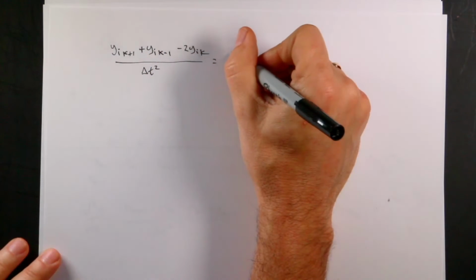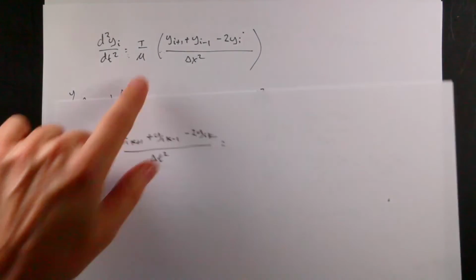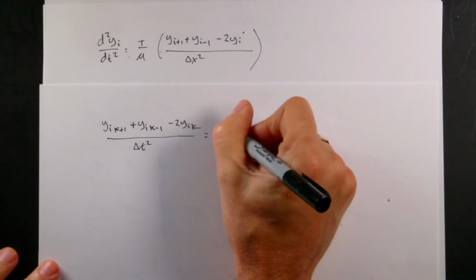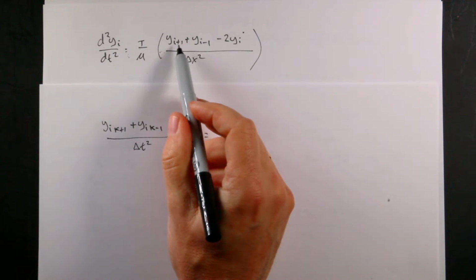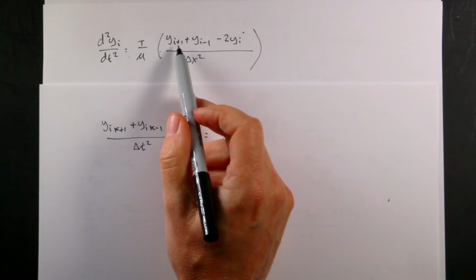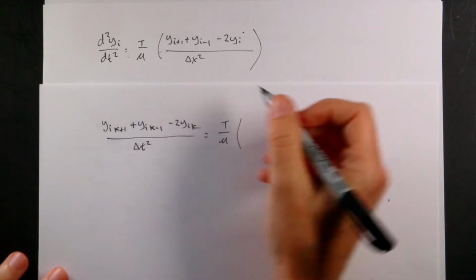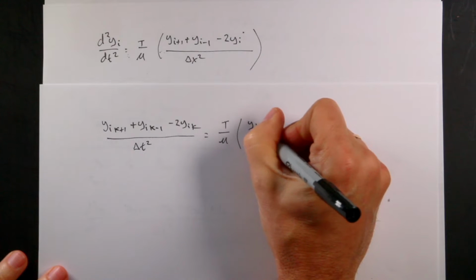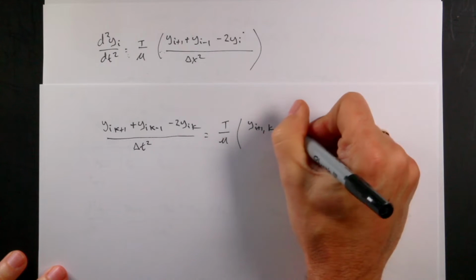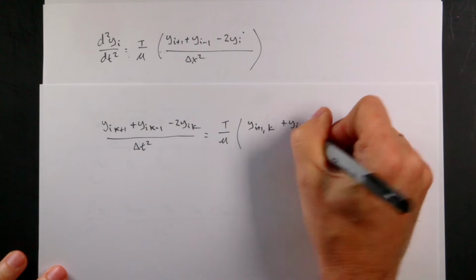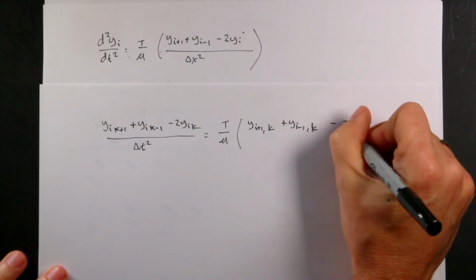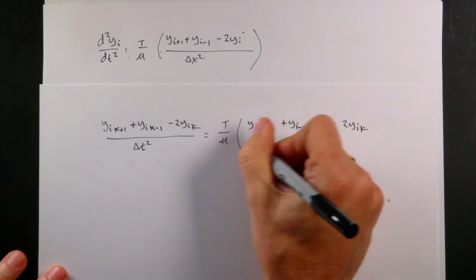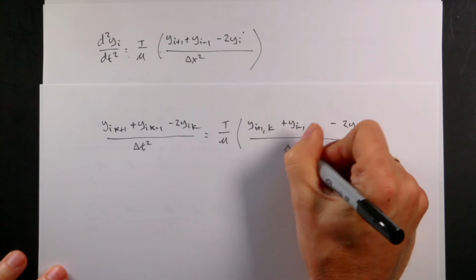That's my second derivative. And then I can put that equal to the stuff on the other side, which was T over mu, which is just a constant, times, these all have a time index of k, right? So I had to put that in there: y i plus 1,k plus y i minus 1,k, that's all in indices, minus 2 y i,k, all of that over delta x squared.